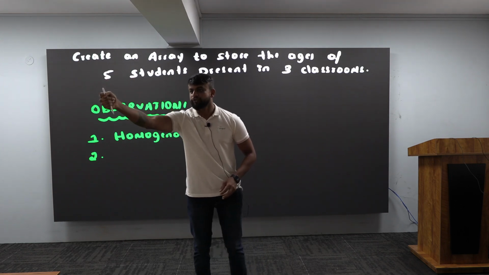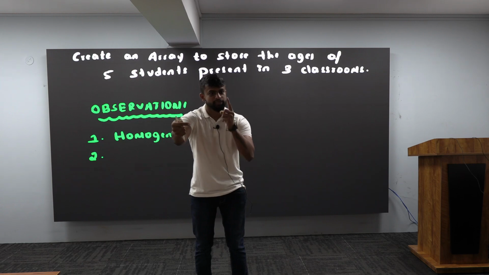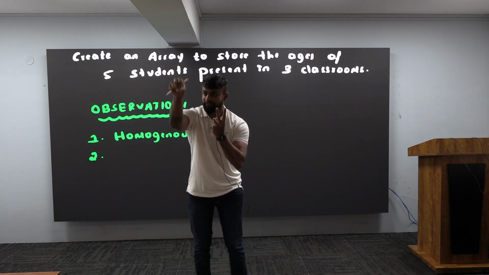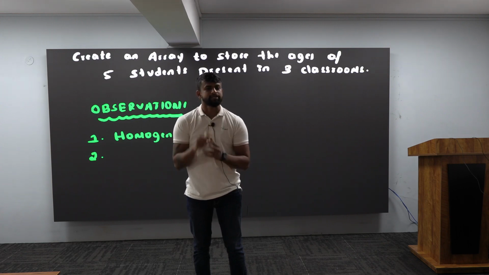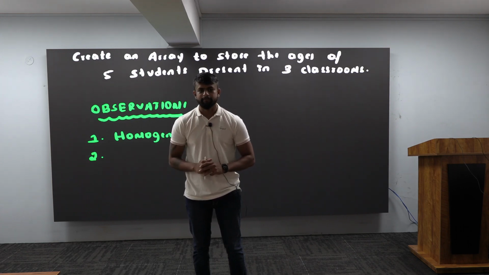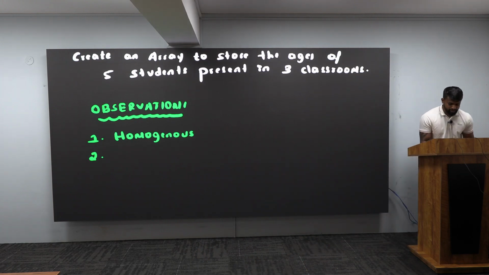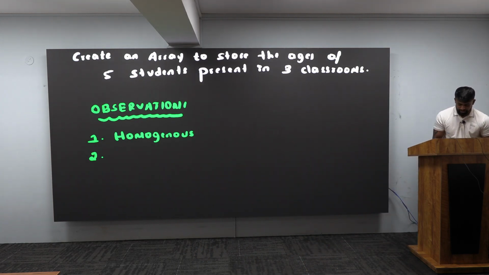First, I have to enter the classroom, that is one dimension. Then I get the students, the second dimension, and for them I store the ages. What is the dimensionality? 2-dimensional. Outstanding. The dimensionality in this question is 2-dimension.